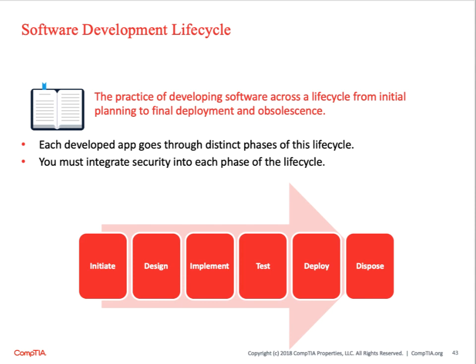But for this example: the initiation of the project, so maybe deciding that they're going to create one in the first place, designing that project, implementing that project, testing that project, deploying that project to the community at large, and then disposing of it. And we need to integrate security at each phase of this.